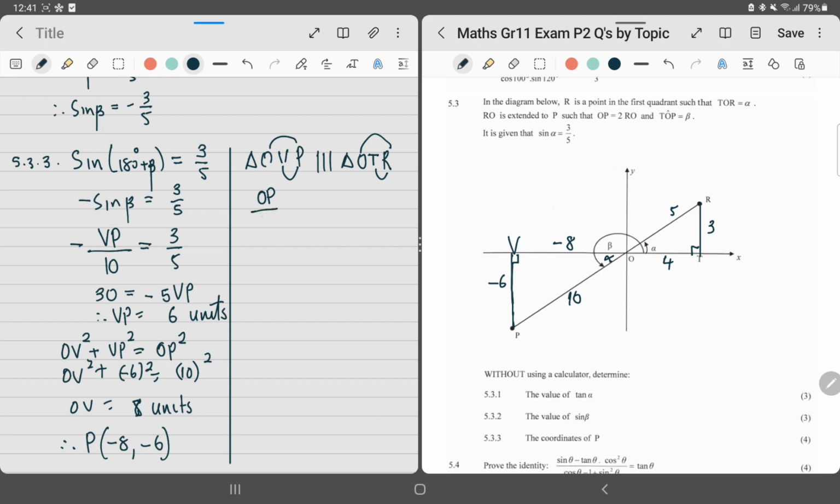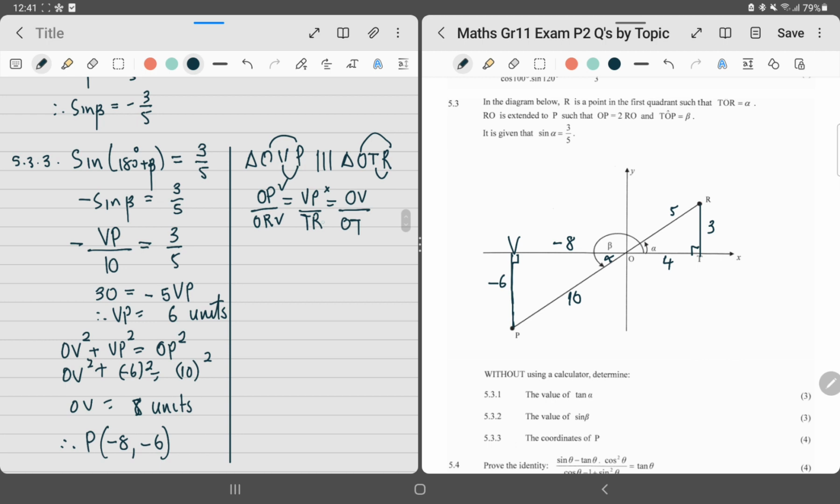So it's OP over OR, and then VP goes with TR. And then I'm left with OV, which should go with OT. OP, we do have, it's 10. OR, I do have, it's 5. VP, remember we do not have VP currently. TR, we do have, it's 3. So I'm going to take that.